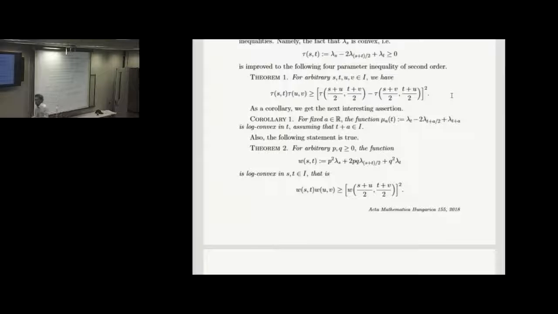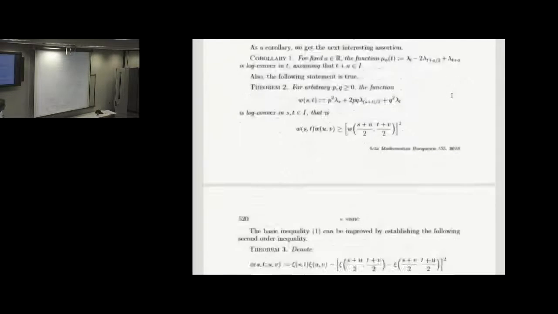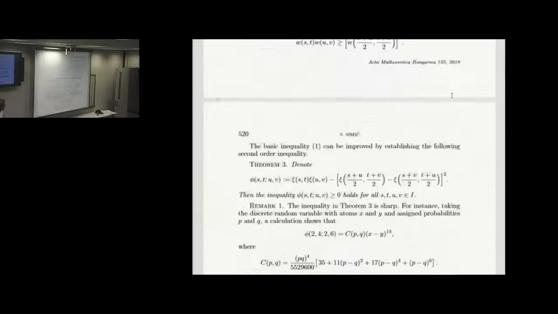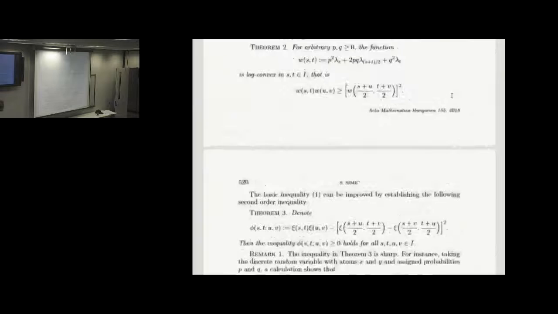Further, we have another second order inequality. Recall that C was what? Here was this multiplication variant.